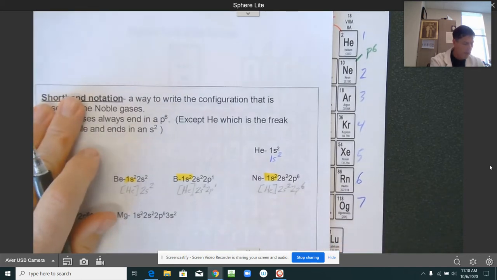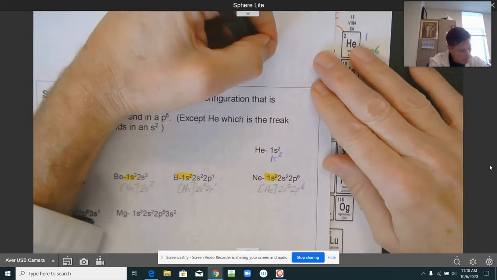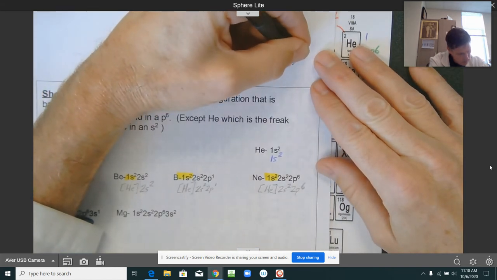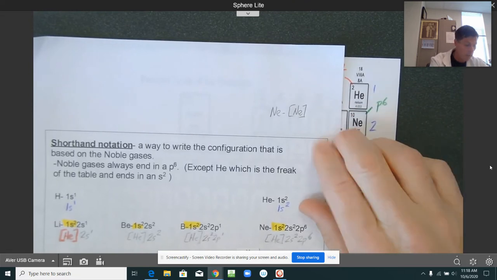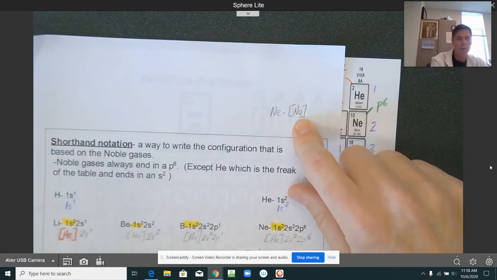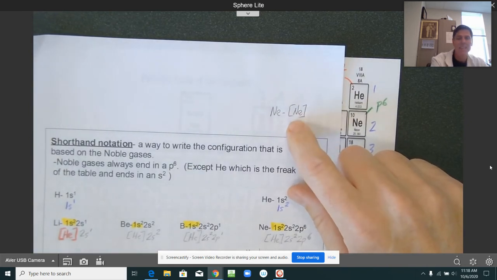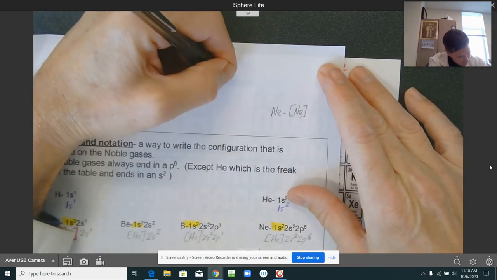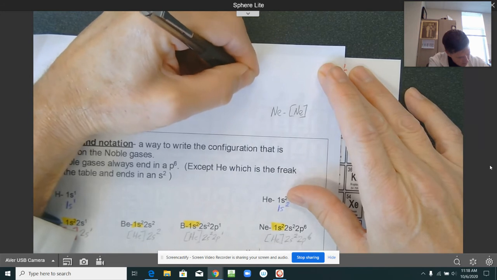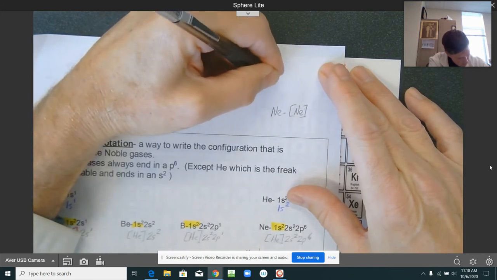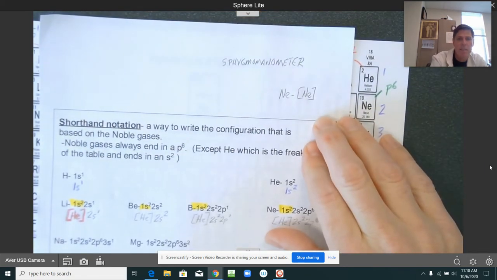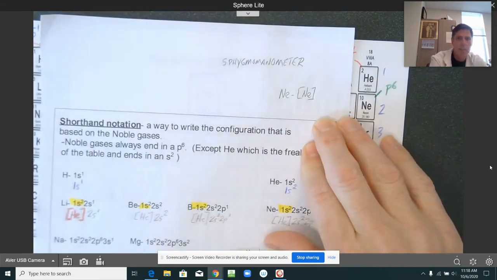Now, here's the reason, because sometimes people are tempted to do that. Well, that's correct. We do put a noble gas in the brackets because that shorthand tells us the last full octet. The problem is that's not going to tell you anything. So let's say that I told you I wanted you to give me the definition of sphygmomanometer.